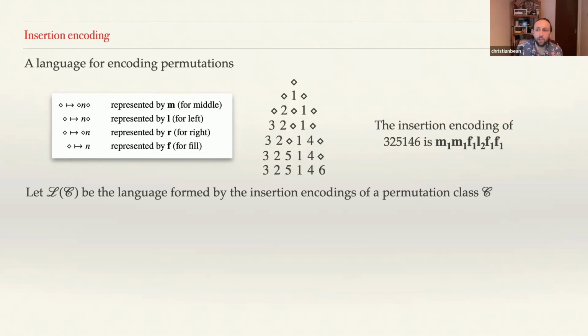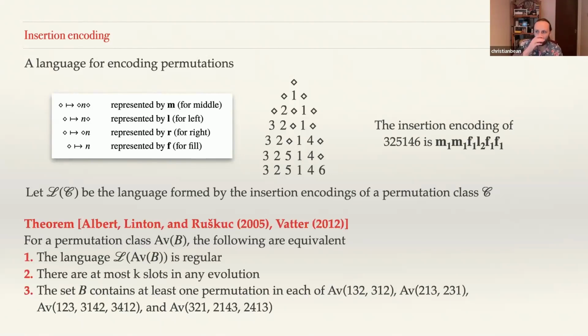Okay. So we then have this really nice theorem from Albert, Linton and Ruškuc, which says that a permutation class is regular if and only if it satisfies these conditions. So it has these 3 equivalent conditions. First, that there are at most k slots in any evolution. And then the third one here is a particularly nice condition that says the set B contains at least 1 permutation in each of the following classes.